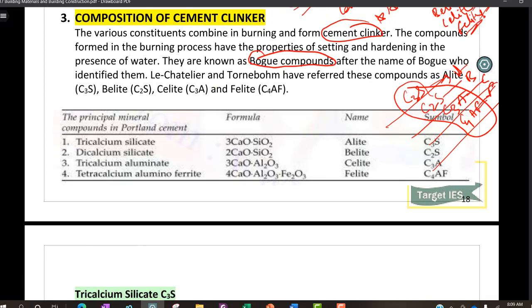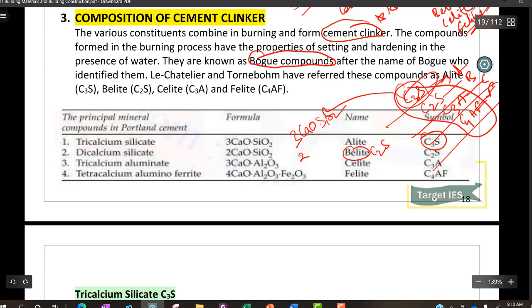And the exact formula is something like this. Even though we are denoting it as C3S, what does this mean? C means calcium oxide, so C3 means 3CaO, and S means SiO2. Okay, I hope it is very clear. Belite means C2S, right? So that means 2CaO and 1 SiO2. Okay, and celite means C3A, right? C3A, that means 3CaO and 1 Al2O3, aluminum, right?